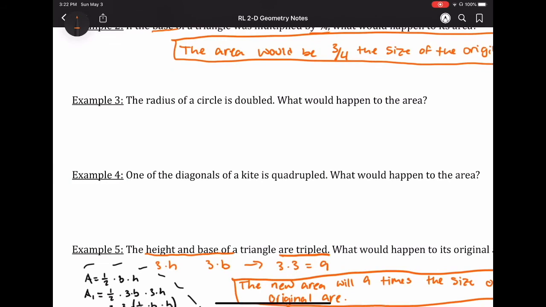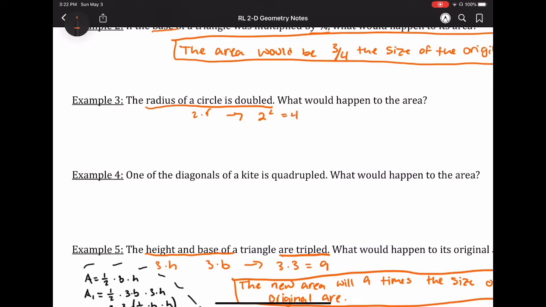Example 3 says the radius of a circle is doubled. Radius is doubled. So I have 2 times the radius. What would happen to the area? Okay, if you remember from our Explore section in our example, we said that if you're changing the radius, you have to square the change and then multiply it by the area. So I have 2 squared, which is equal to 4, and that's what I multiply by the area.